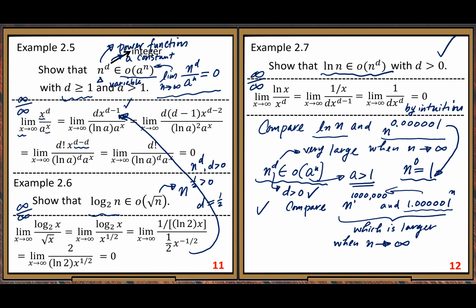When you do experiments, n to the 0.00001 increases very slowly. The curve is very, very flat. The reason is that your n cannot be too big when you do calculation.